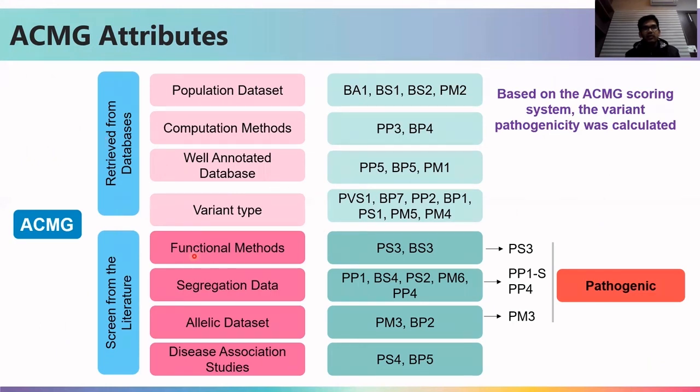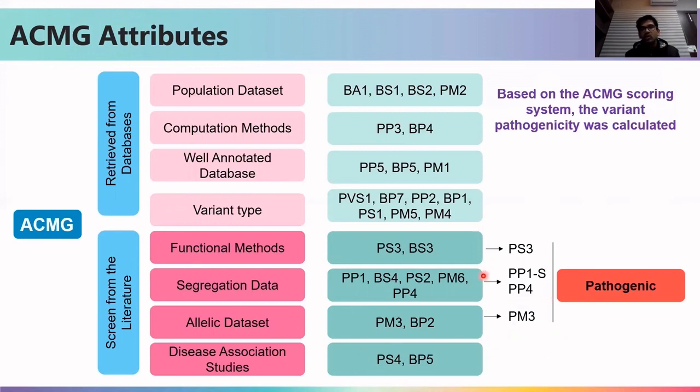So from the functional method, PS3 or BS3, we are getting PS3. From the segregation data set, we are getting PP1 as strong evidence, and PP4, that is the clinical symptoms are matching, and from the allelic data set, PM3. We are not getting any disease association study because it has not yet been done, so we won't get any attribute in this situation.